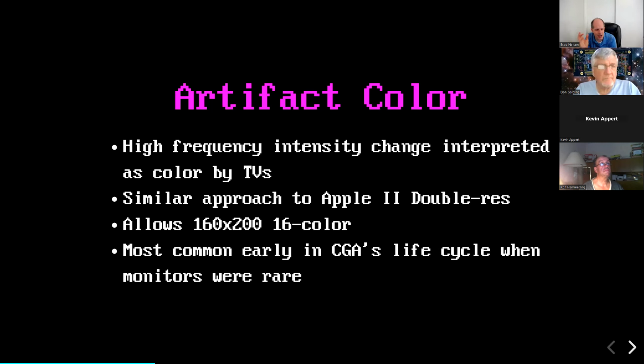And it allows you to get a quasi 160 by 216 color mode. And so, especially early on, when the only monitors were from IBM and were super expensive, this was used by a number of games. And so you'd put out something typically in the 640 by 200 mode, and it would be interpreted by a TV as color. This would be, of course, glaring and unpleasant if you were actually trying to display text in one of these modes, because something with the bit pattern on the left would look like something like this on the right.